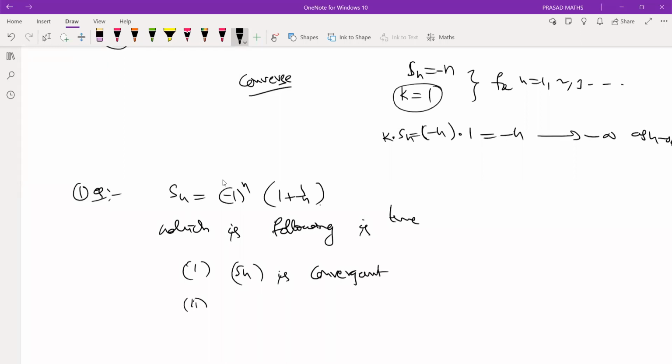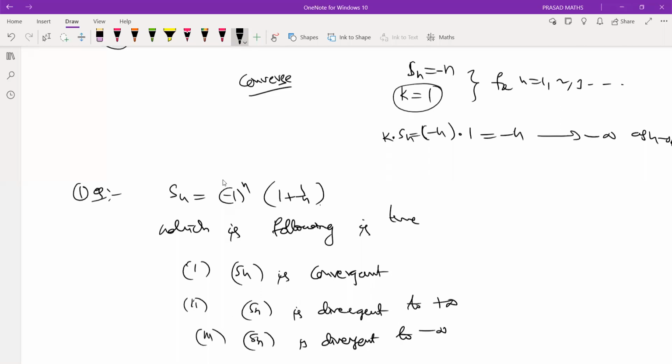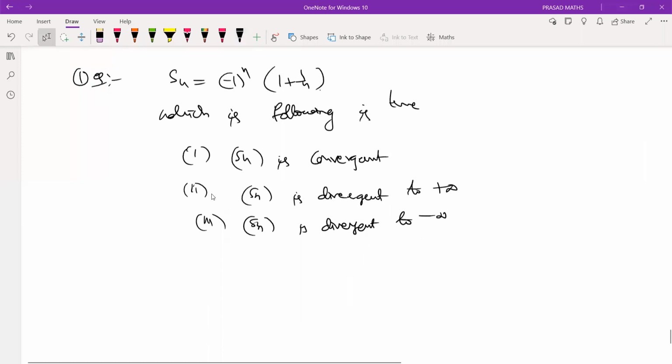Second, Sn is divergent to plus infinity. The third one, Sn is divergent to minus infinity. Fourth one, Sn is an oscillating sequence.